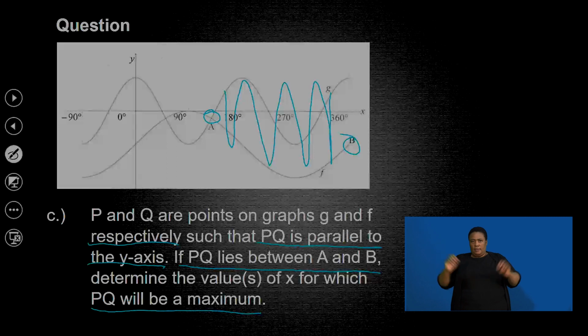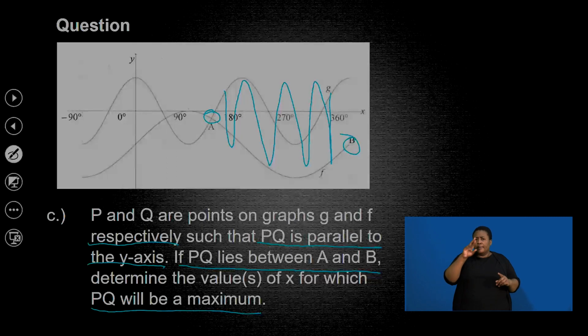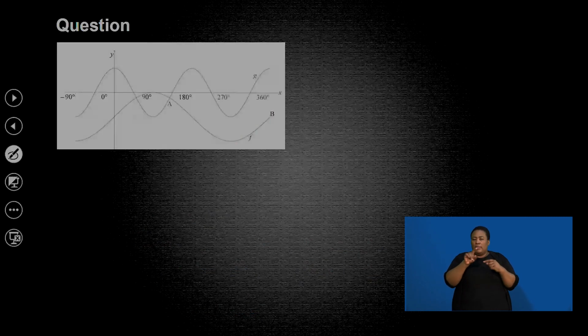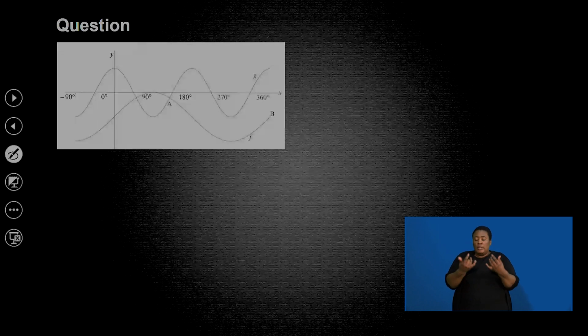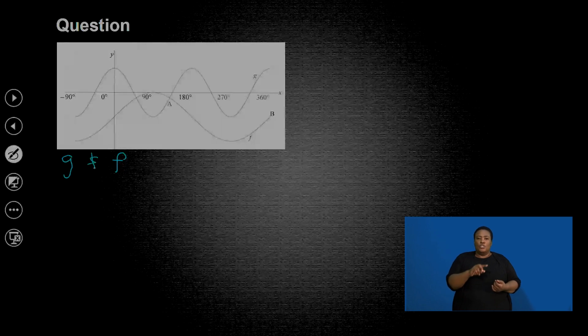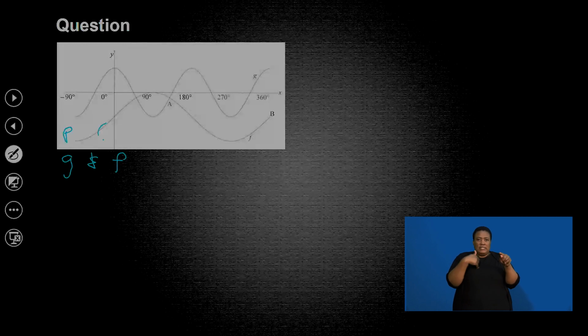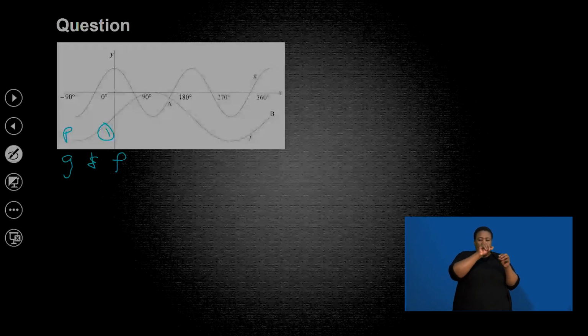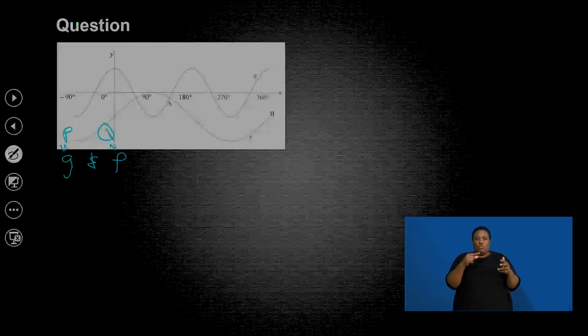All right, so guys, that's all that the question is all about. Let's actually do what the question wants us to do. Now, remember they said that on G and F respectively, where they started with P and they went to Q. So what this means is our P is there by G and our Q is there by F, please.